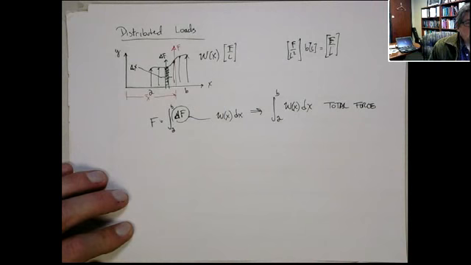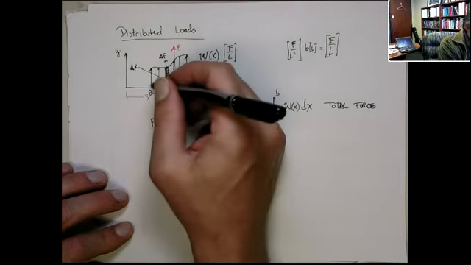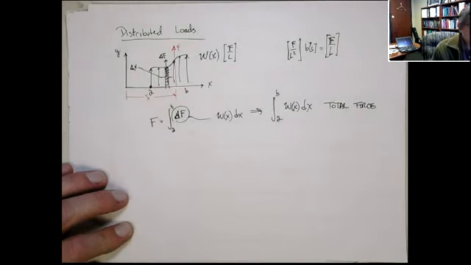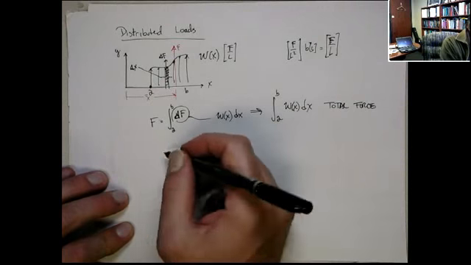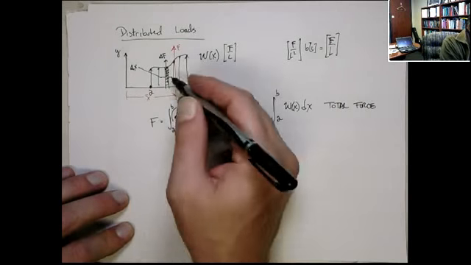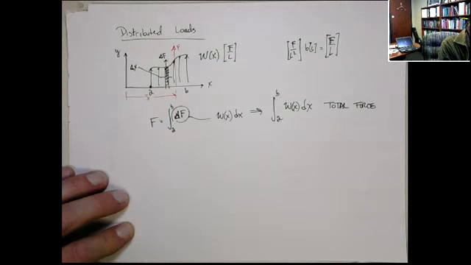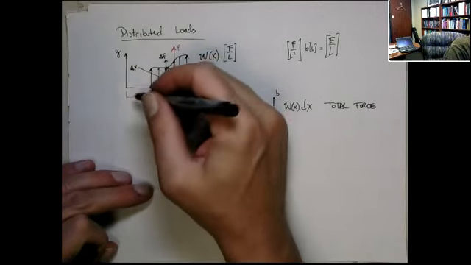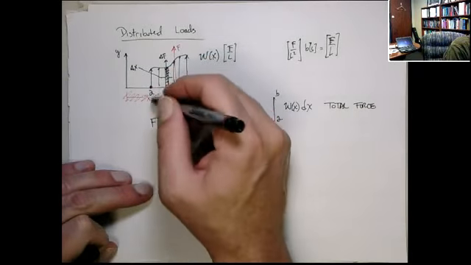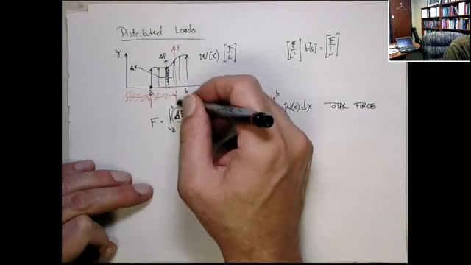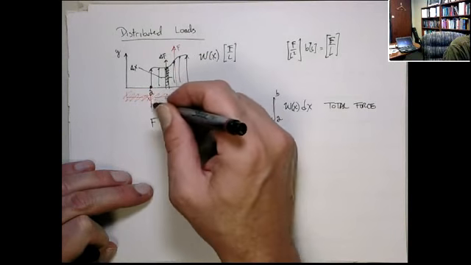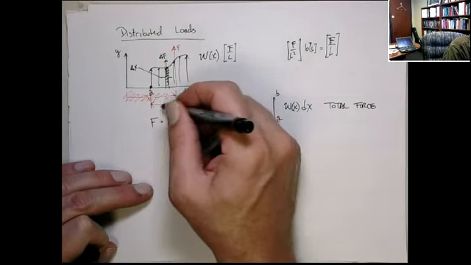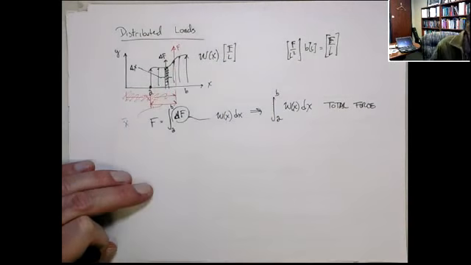You can do that by taking moments around this point A. So let's put this equivalent force at position x bar, most often relative to this system.